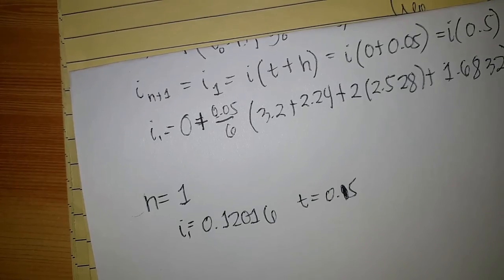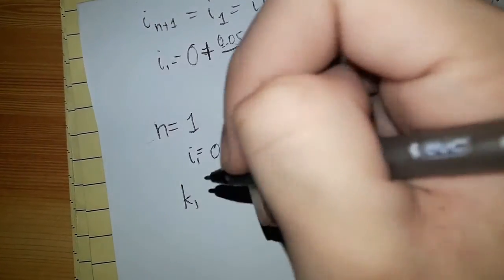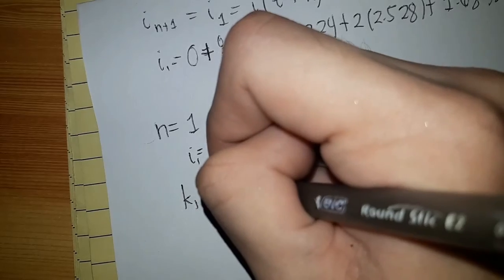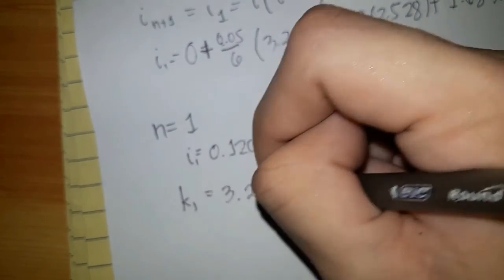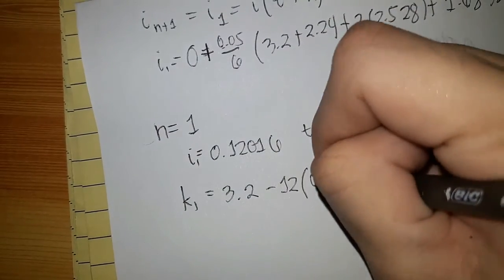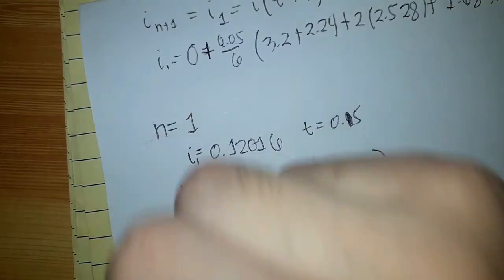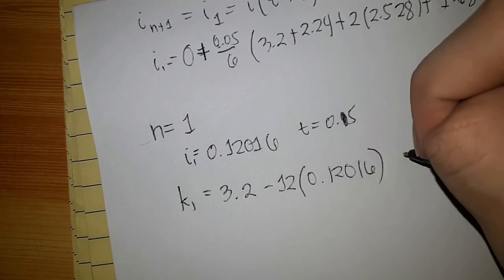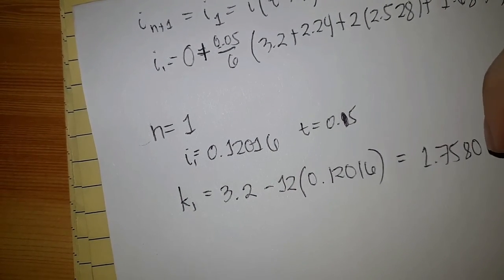So let's now solve for K1. As what I've said, I will be now directly substituting all the values in the given equation. So 3.2 minus 12 times 0.12016, which is the value of I sub 1. So this one is equal to 1.75808.